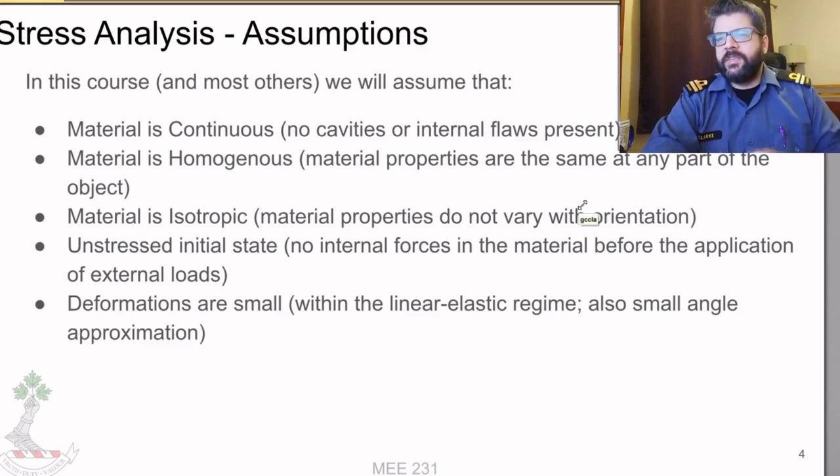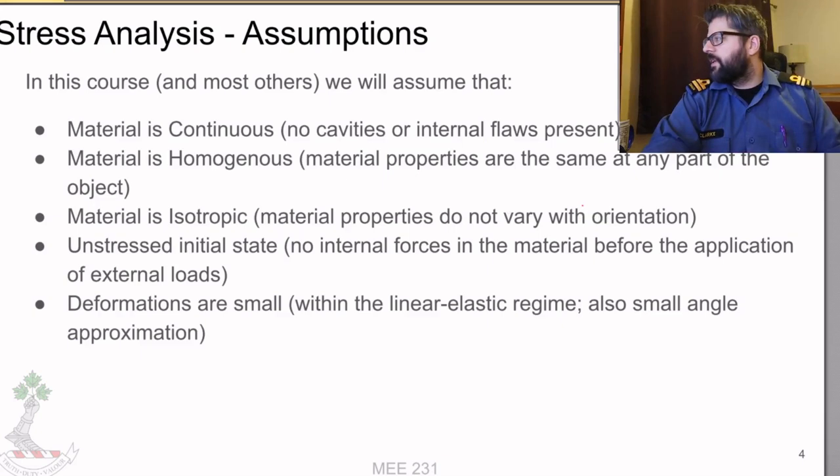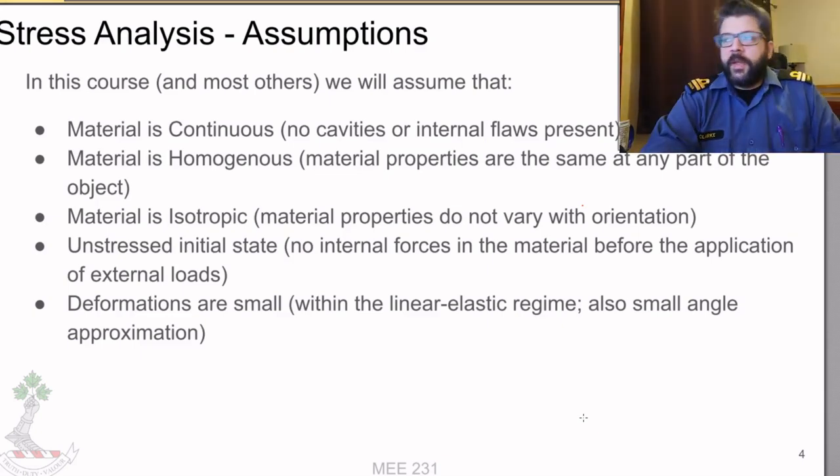It's all the same stuff. You don't have pockets of copper mixed in with your steel. It's isotropic, so that's saying that the material properties don't vary with your orientation. That's usually a very good assumption for metal. Some other materials that you might be working with, it's not a good assumption.